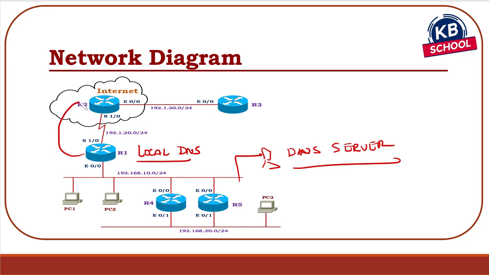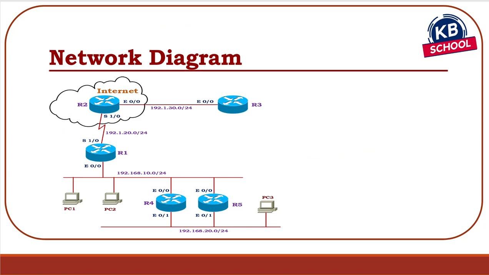So what you do is you point to the DNS server on the internet, the ISP's DNS server. This is known as the forward name server. So if I don't have it, I'm going to point to this particular IP address as my forward lookup server. So this is my DNS server.